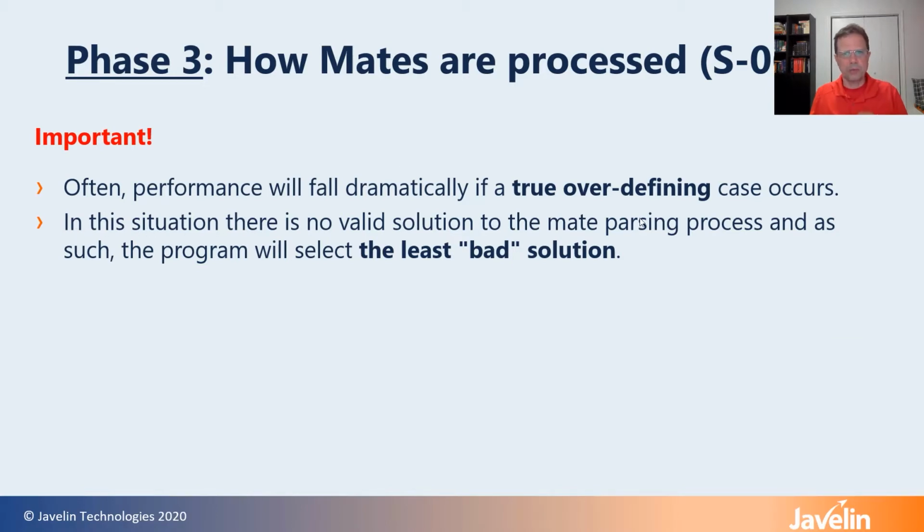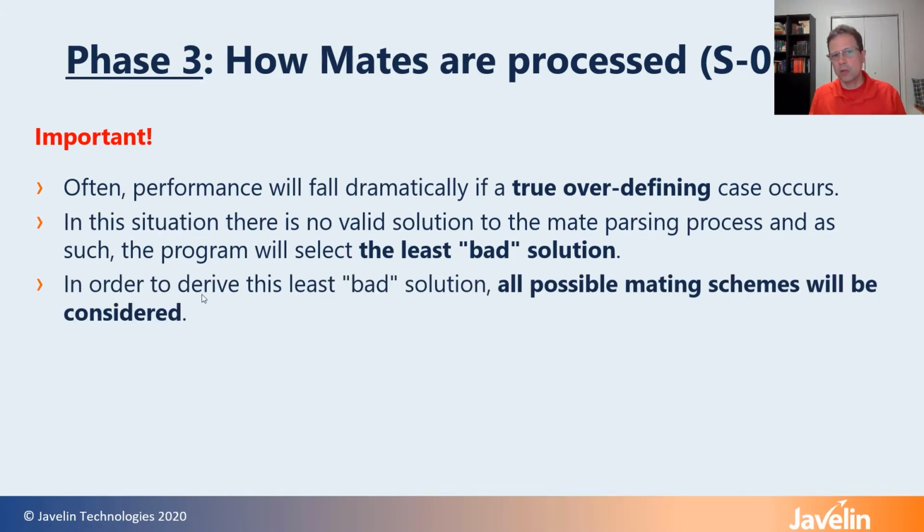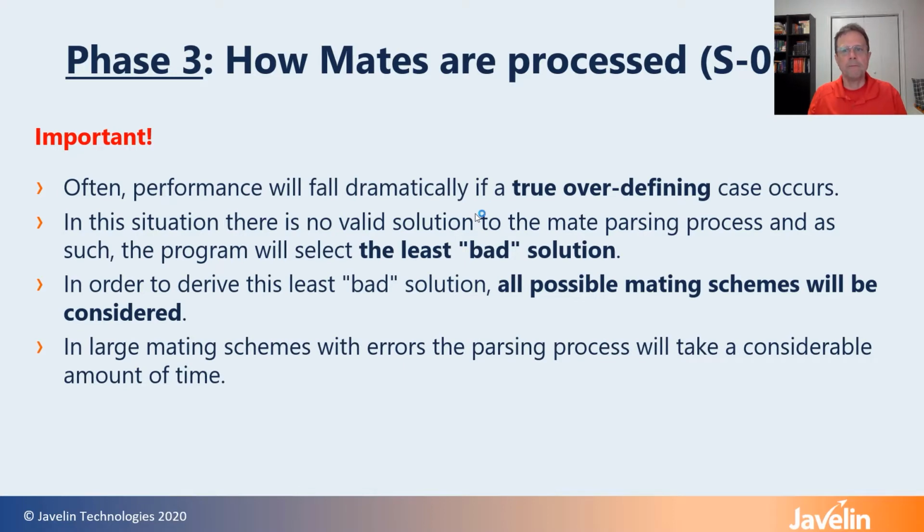Aren't you scared when you read the second statement? If no valid solution is found, this program will select the least bad solution. And now let's think about the consequence of that. In order to derive the least bad solution, SOLIDWORKS is going to take a look at all possible mating schemes. So that is scary for me, it can be extremely time consuming. Okay, so do not leave errors in the tree.